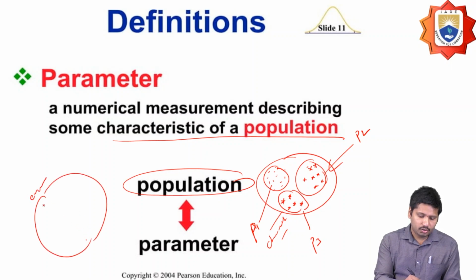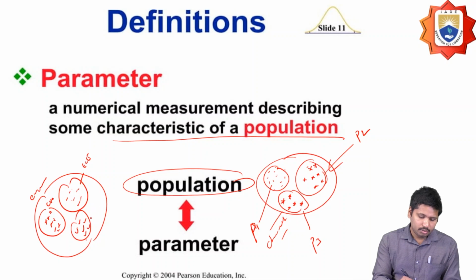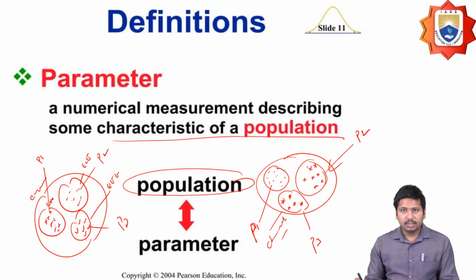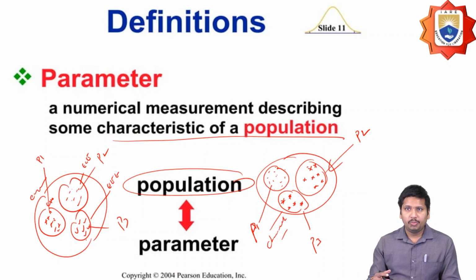From this engineering college, there are students of CSE, students of ECE, and students of EEE. These are the elements of the population, and I can further divide them, like CSE people, let it be P1, P2 and P3. So these are the parameters that can be extracted from the characteristics of the population.